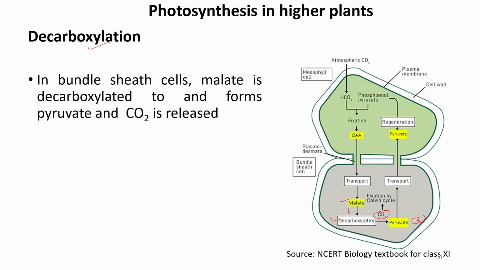Malate was a 4-carbon compound. After decarboxylation, a 3-carbon compound, pyruvate, is formed and carbon dioxide is released. And this carbon dioxide is utilized in the C3 cycle or the Calvin cycle for the production of carbohydrates. What will be produced after the C3 cycle? Carbohydrates.